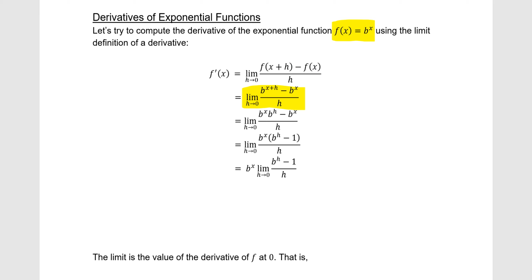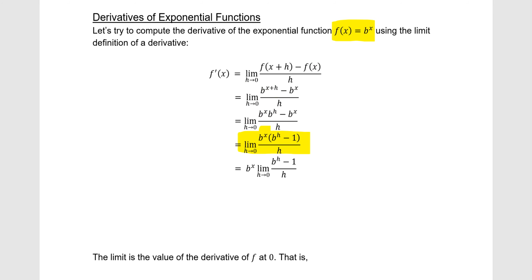What we have to do is use exponent rules, and we chop up this portion. b to the x plus h can be rewritten as b to the x times b to the h. So once we get to this line right here, we see that we can factor out a b to the x. If we factor out a b to the x, we end up with this second last line right here.